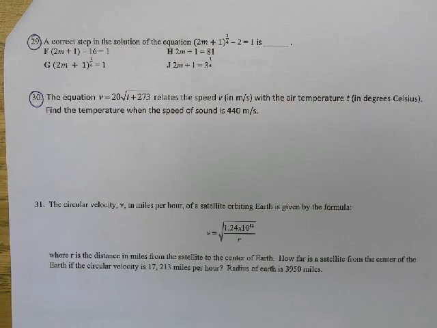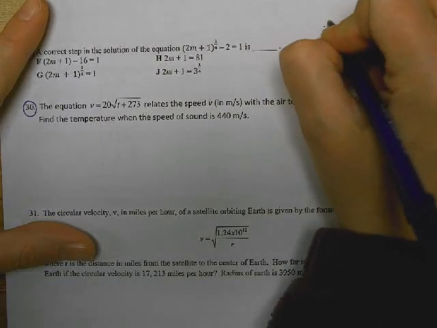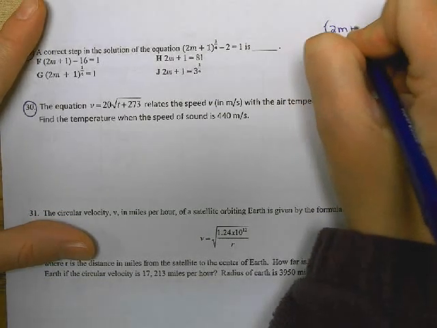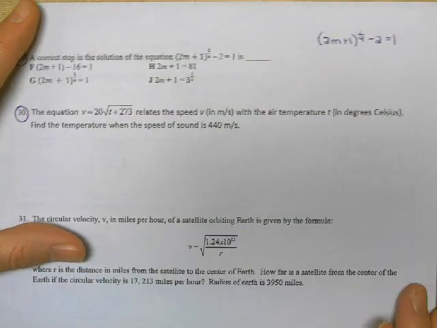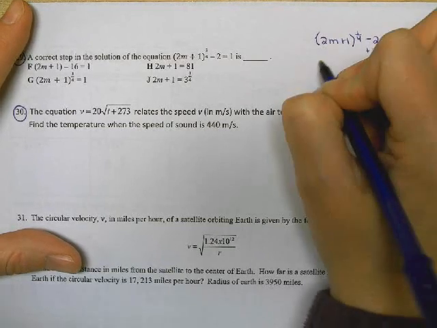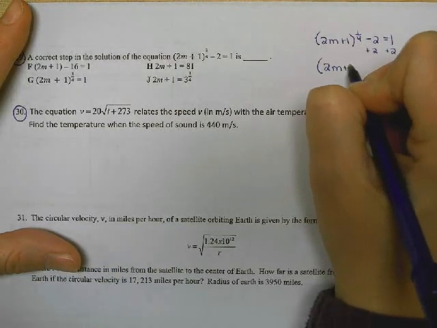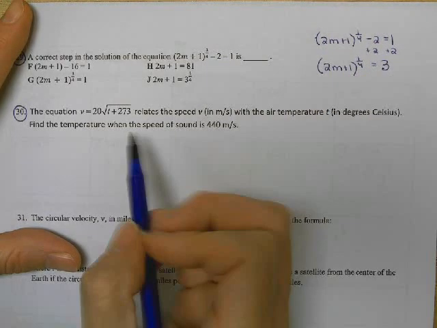Alright, 29. This is a multiple choice question. It wants to know which one of these is a valid step in solving this equation. So I would just say start solving it. So I have (2m plus 1) to the 1/4 minus 2 equals 1. So the first thing I'm going to do is add the 2. So now I have (2m plus 1) to the 1/4 equals 3.